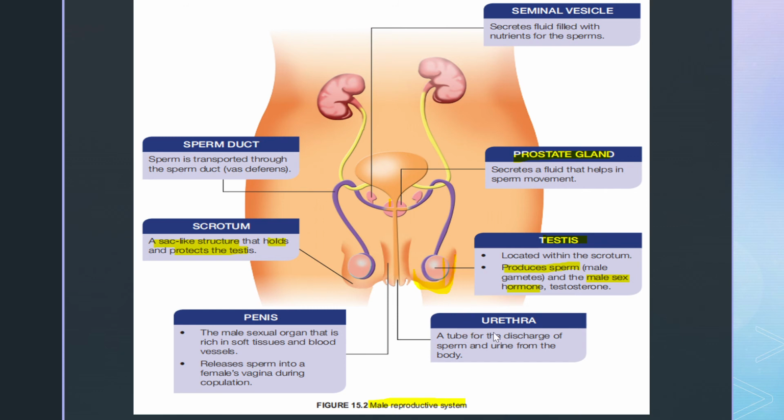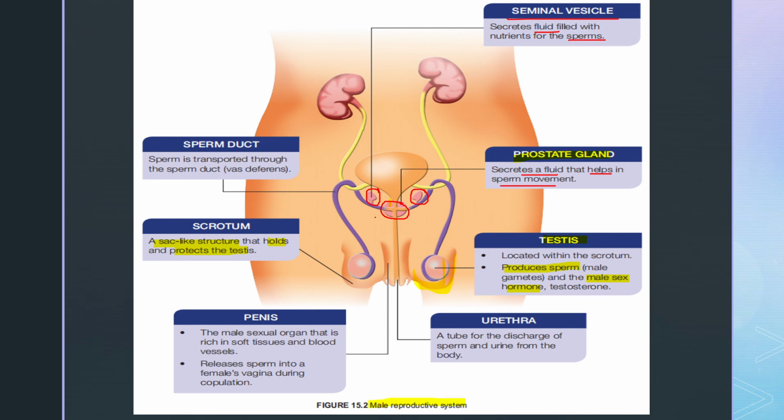This one is responsible for secreting fluid to help in the sperm movement. Also, there is another place where fluid is secreted, and that is called the seminal vesicle. There are two seminal vesicles secreting fluid that is going to nourish the sperms.